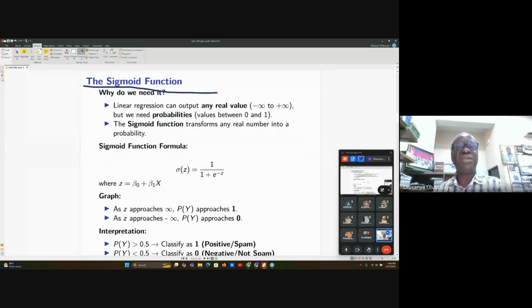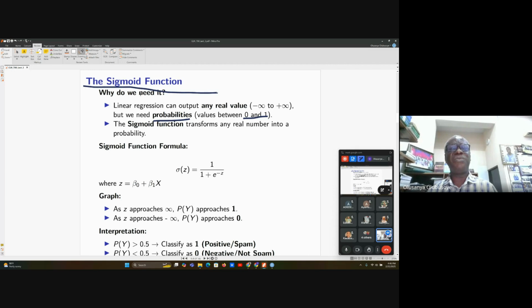So the linear regression can take output values that lie between minus infinity and positive infinity. But the sigmoid function can only take values between 0 and 1. And that is even the reason why it is in terms of probabilities. We've discussed this before, that probabilities can only take values between 0 and 1.